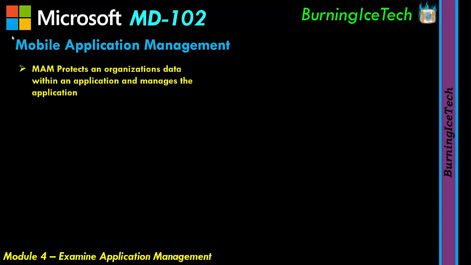If you use MAM without enrollment, a work or school related app that contains sensitive data can be managed on almost any device, including personal devices in a bring your own device scenario. So that will be a BYOD scenario.